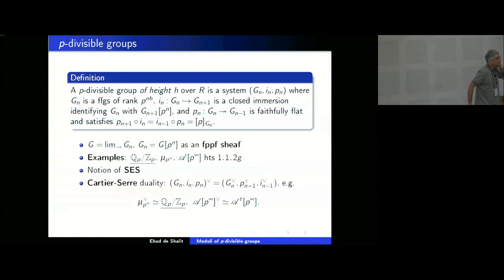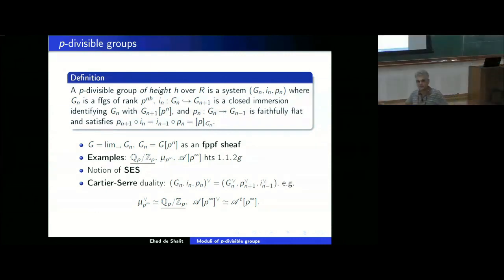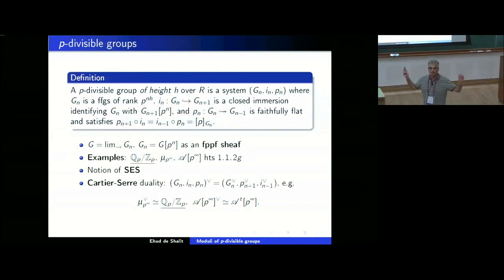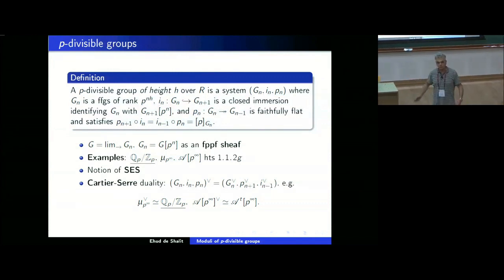Sorry? Right, exactly. I cannot write it down right now, but it comes up all the time when you study group schemes in abelian varieties and so on. For arbitrary rings, things can go wrong.